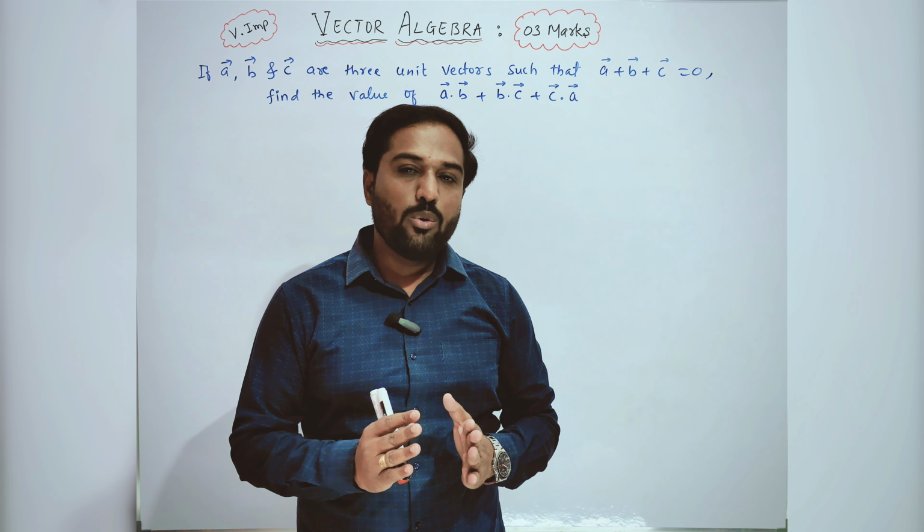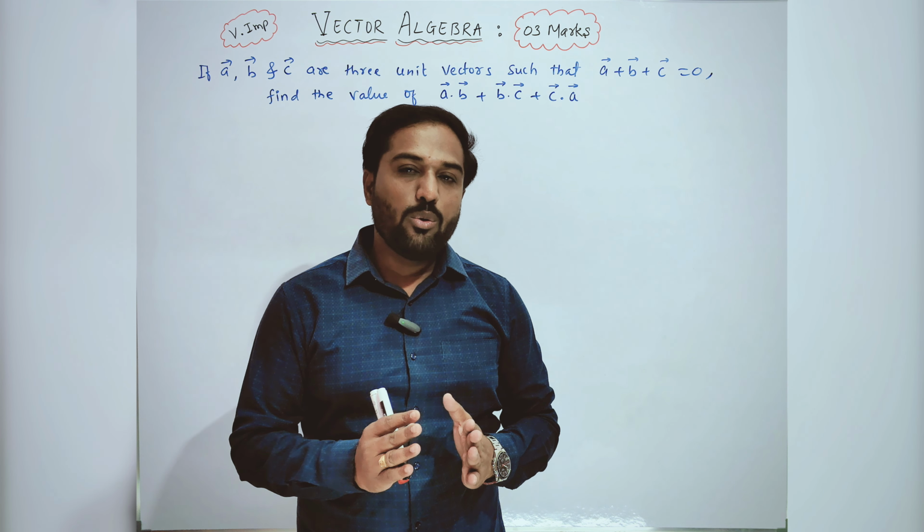These are the quantities given in the example, and now we need to find A dot B, B dot C, C dot A. Now we need to know how we can get these terms. This comes from one of the important algebraic formulas, that is A plus B plus C whole square. What is it? Yes, A square plus B square plus C square plus 2AB plus 2BC plus 2CA.